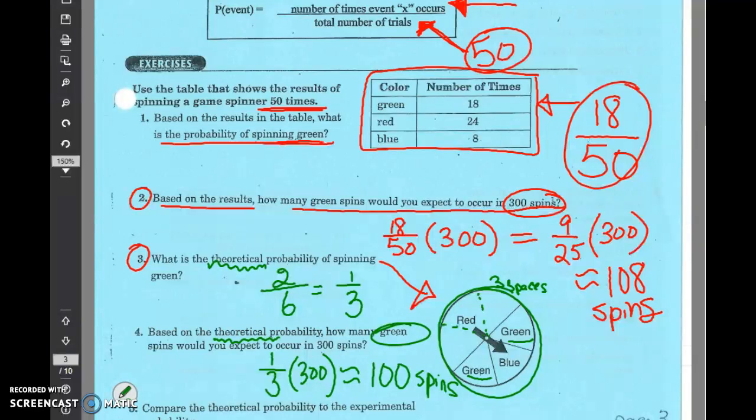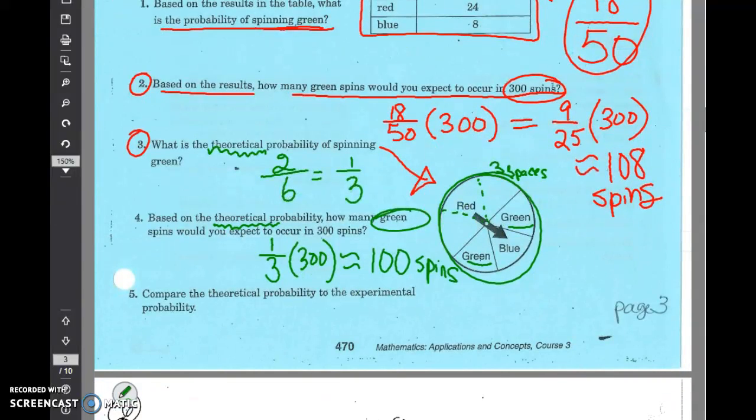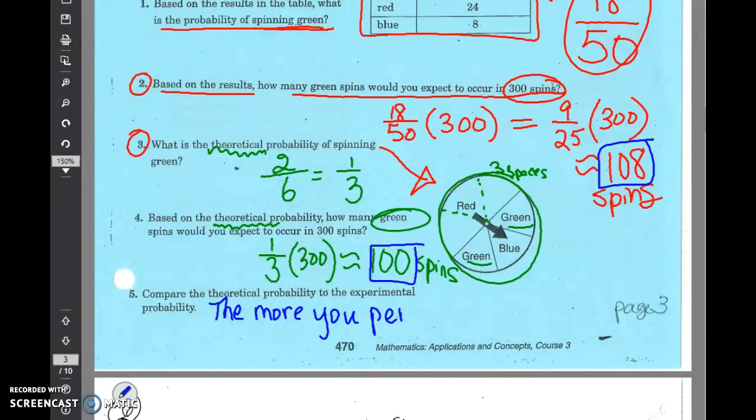So if we were to look at this theoretical probability versus our experimental probability, we've got the number 108 versus 100. They're pretty close. In fact, the more you perform an experiment, the closer your probability will be to the theoretical probability.